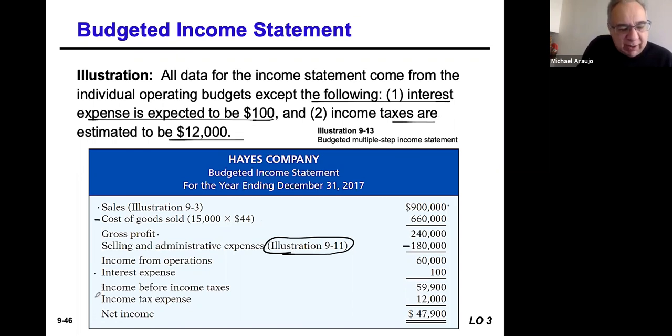We subtract out our income tax expense, and bada bing, bada boom, we have a profit or net income of $47,900. So this illustration is very, very important to study to understand where these numbers come from when you are doing a budgeted income statement. Again, it's simply an income statement from the budgets that we've just looked at in this chapter.